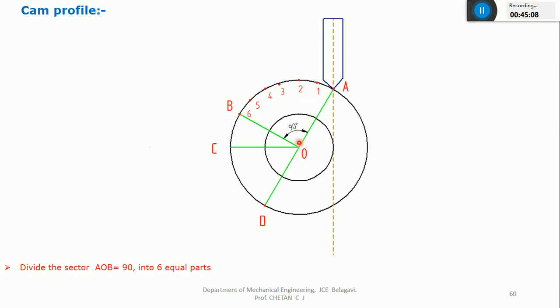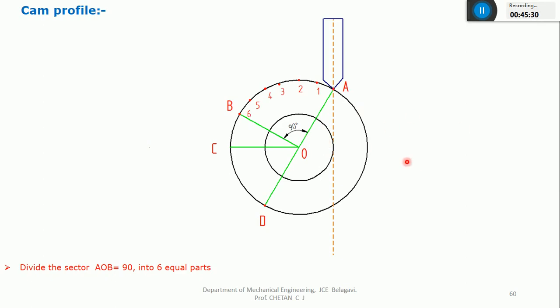Don't draw the lines, only indicate the intersection points with the base circle, that is points 1, 2, 3, 4, 5, 6. Now, do not join the radial lines. As we have discussed in the first case, don't join point 1 to point 2, 2 to O.